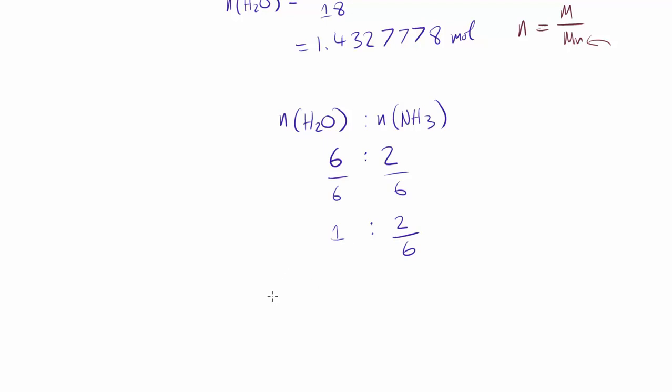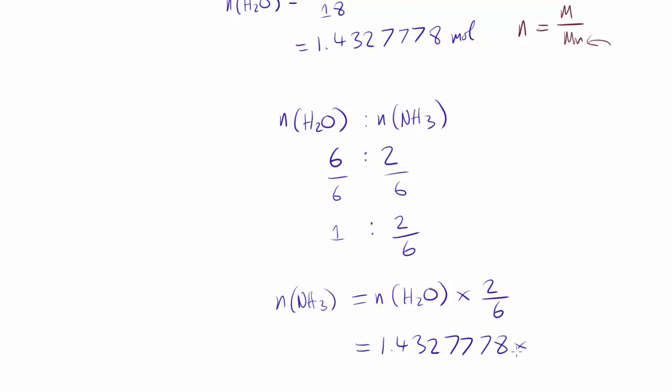So if I formalize that in writing, the number of moles of NH3 is equal to the number of moles of H2O multiplied by 2/6, okay? So let's do that. That's going to be equal to 1.43277778 multiplied by 2/6, all right?